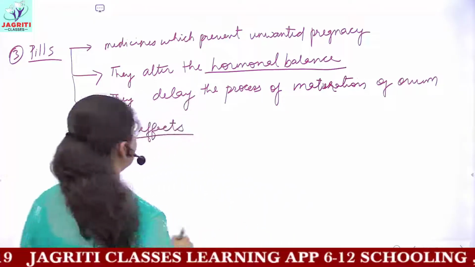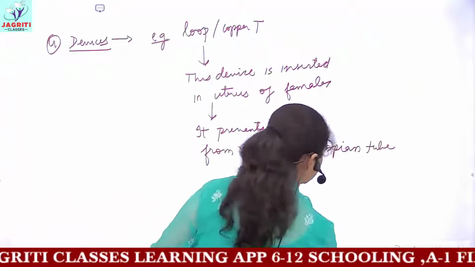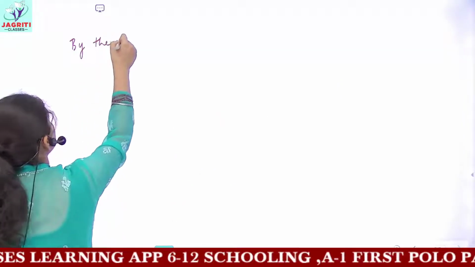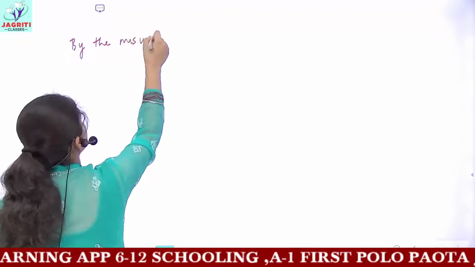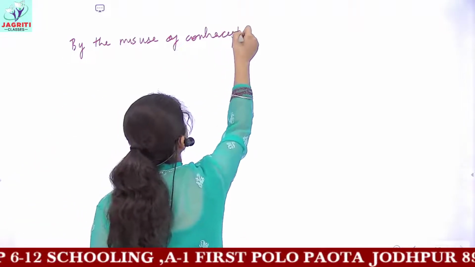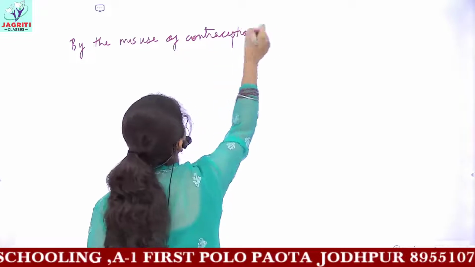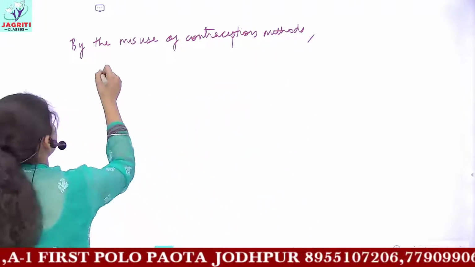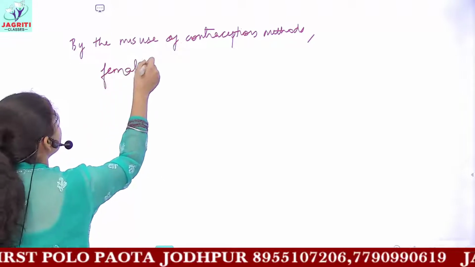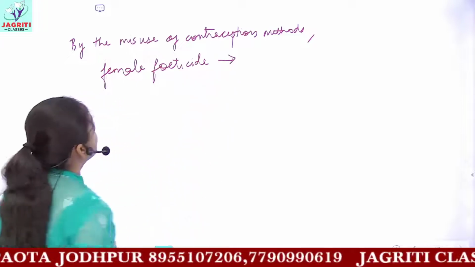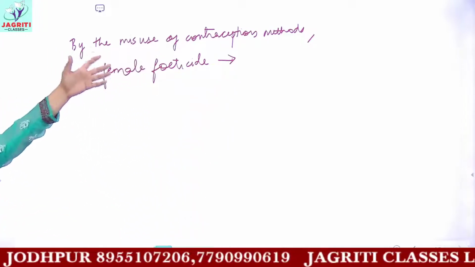So what do you mean by the term female feticide here? By the misuse of contraception methods, a very important problem which has arisen is female feticide. You can be asked a disadvantage of misuse of contraception methods.